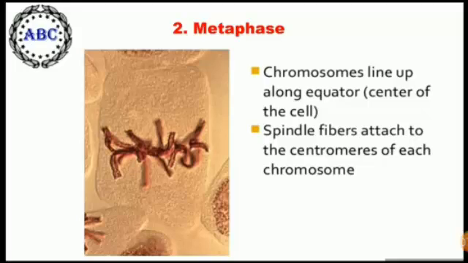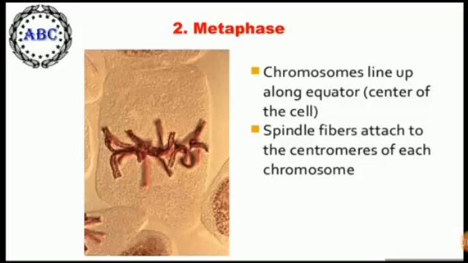Some microtubules of the spindle remain attached from one pole to the other pole and are known as continuous spindle fibers, whereas some microtubules of the spindle remain attached to the chromosome and these are called chromosomal spindle fibers. The chromosomes are the shortest and the thickest during this stage.